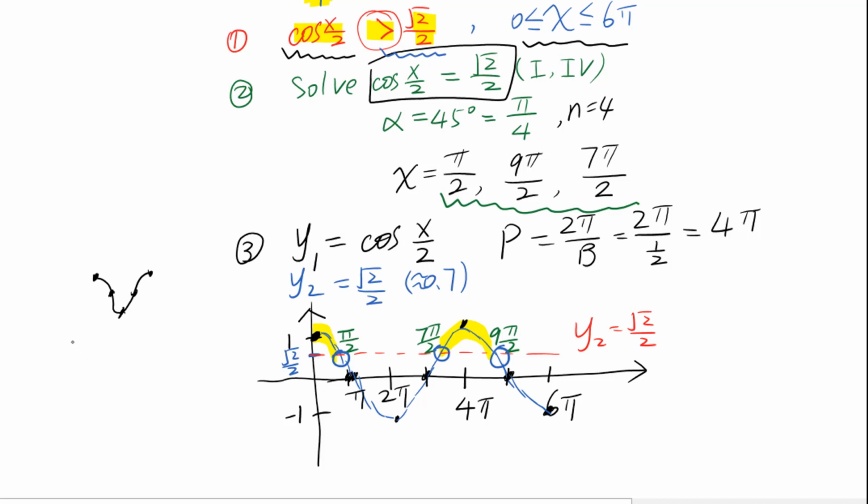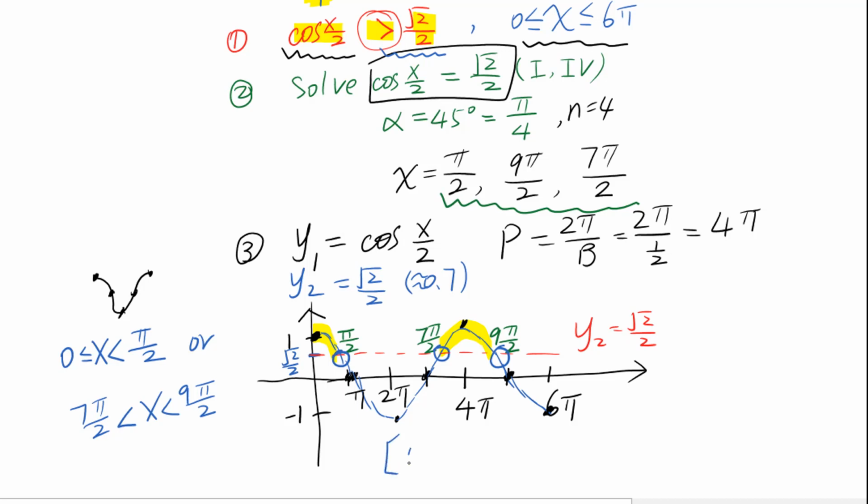So we can write down the solution now. It will be x greater than or equal to 0, less than pi over 2, or x greater than 7 pi over 2, less than 9 pi over 2. You can also write down the solution in interval form.